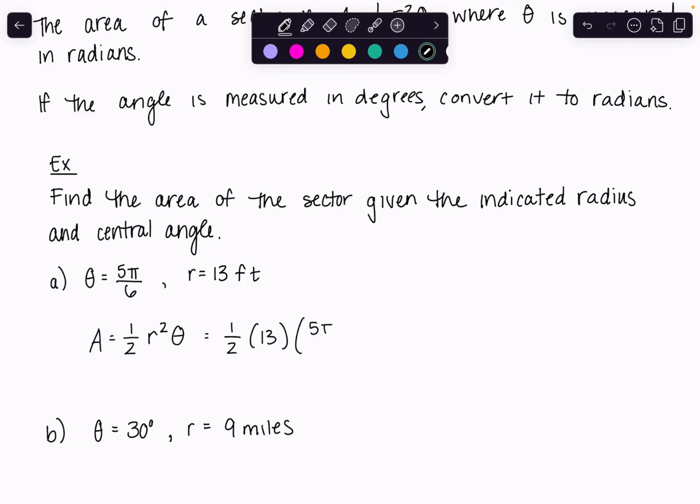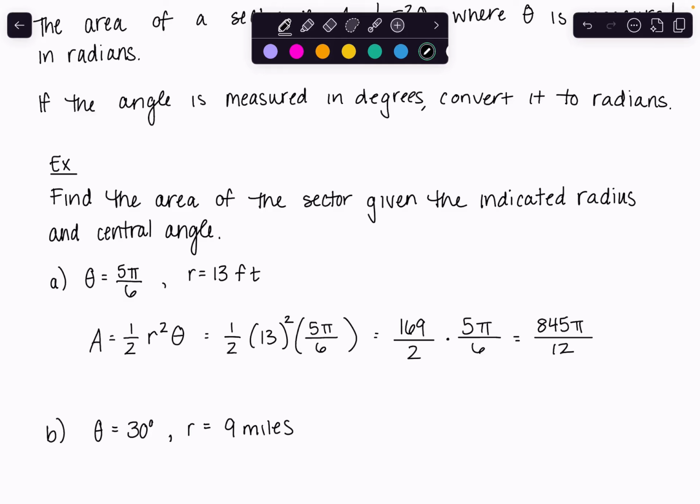This angle is already in radians, so I don't need to do anything with it. Then I need to take that radius and square it. 13 squared gives us 169. So that gives us 169 over 2 times 5 pi over 6. Multiplying those, 169 times 5 gives you 845 pi, and 2 times 6 is 12.